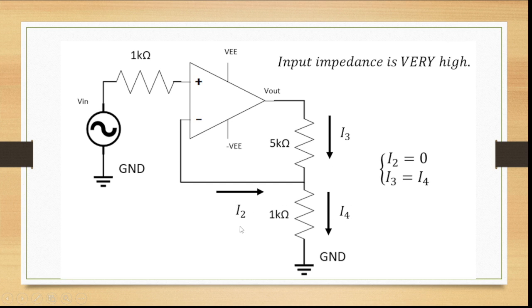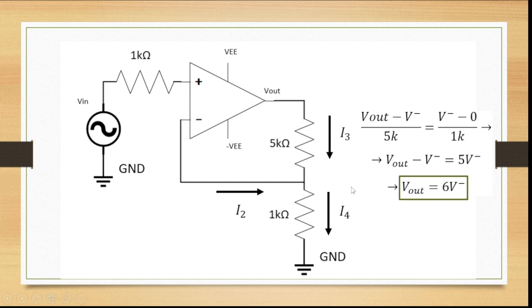If this is 0, this will be equal to this, and we will calculate V out minus V in divided by the resistance 5K is equal to V minus 0, which is the ground, divided by 1K. Performing again really simple operations, we will find out that V out is 6 times V minus.